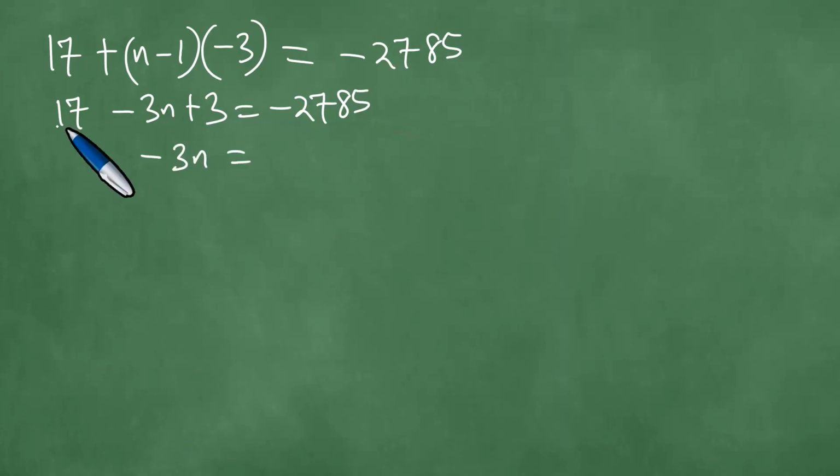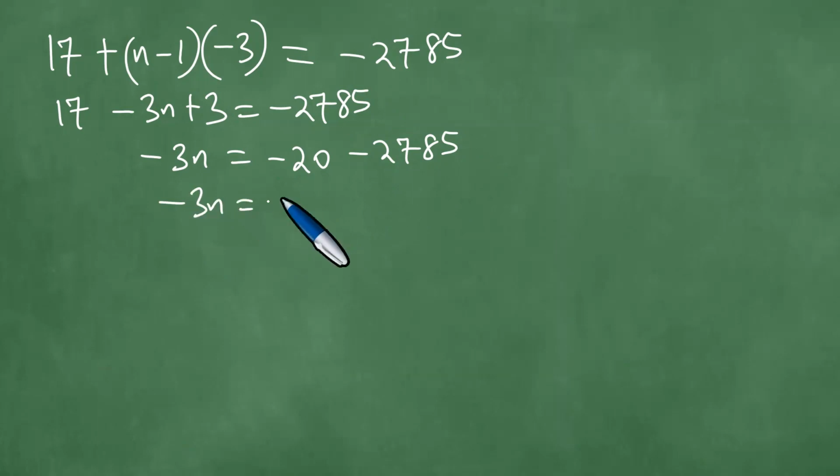It's 20. But you move it across, it becomes minus 20. Then there's minus 2785. So minus 3n is minus, what is it? We have 2785 together with 20. Isn't it 2805?